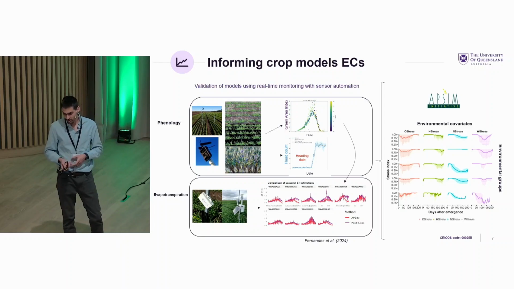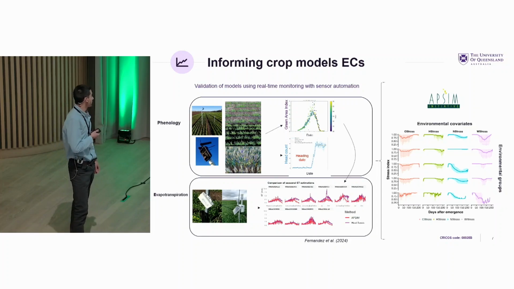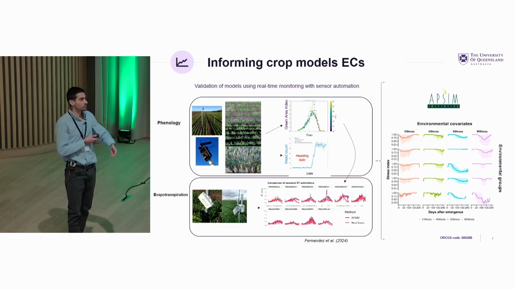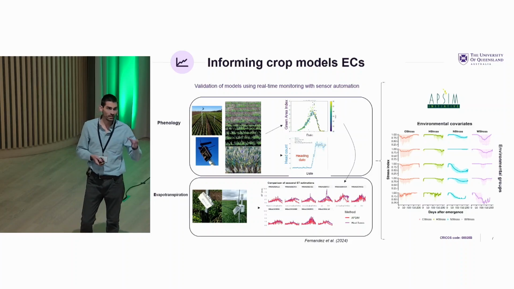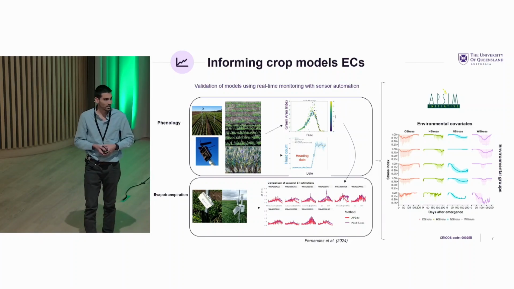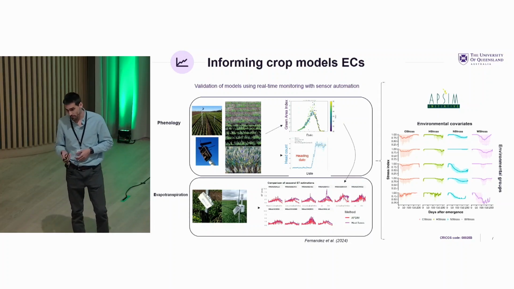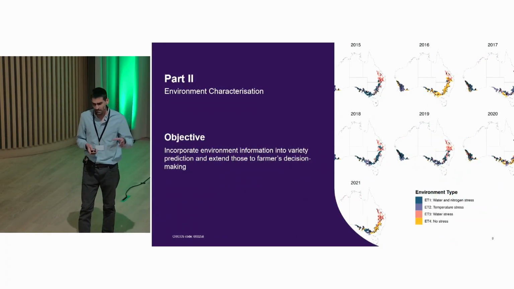So, heading dates here. And same here, an example for evapotranspiration, where based on the difference between air temperature and canopy temperature, we can get a validation of the estimation of ET, in this case, evapotranspiration. So that's a bit on the augmentation.